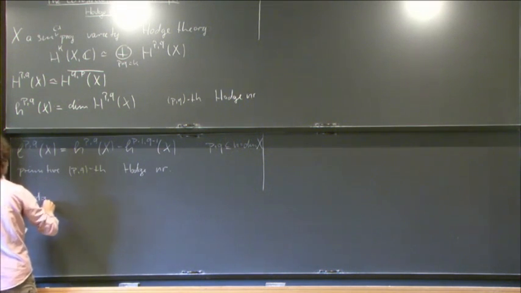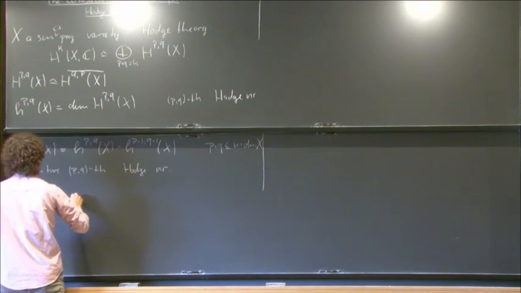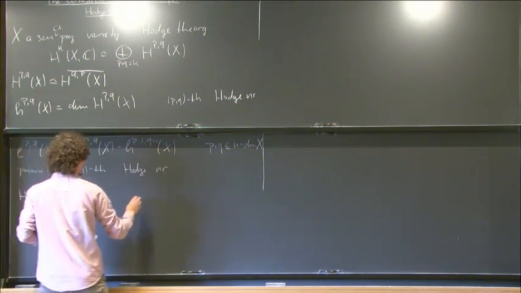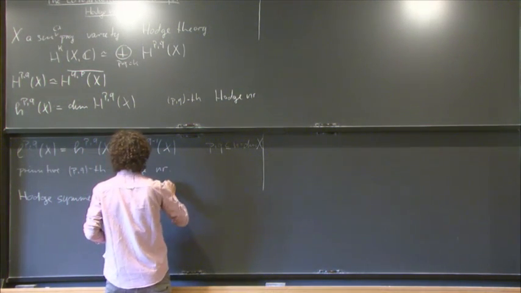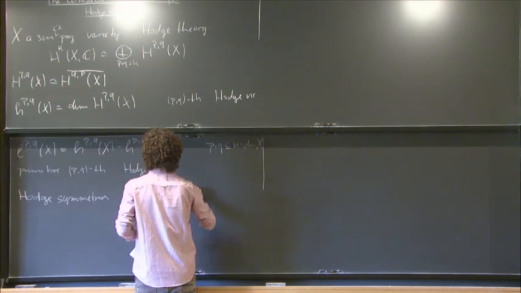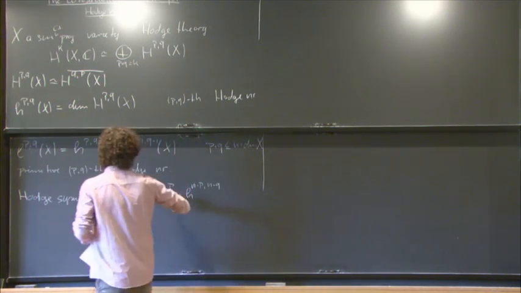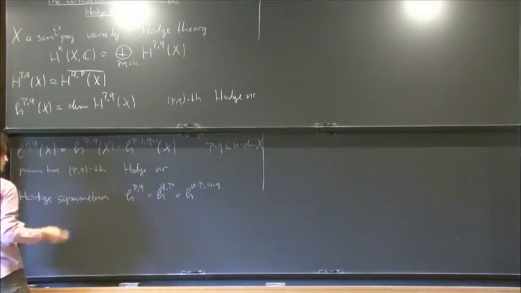So we know some relations between these numbers. So the Hodge symmetries would say that h^{p,q} is h^{q,p}, is h^{n-p,n-q}, where this comes from duality, and this is just that statement.